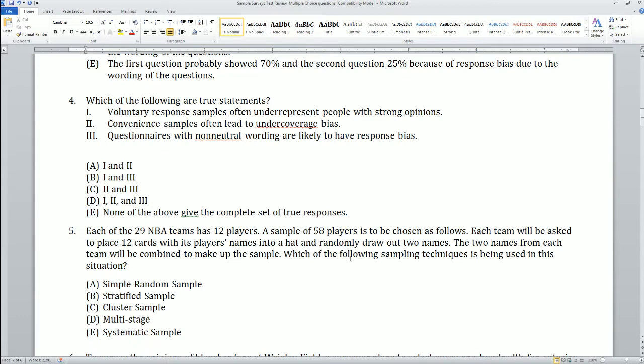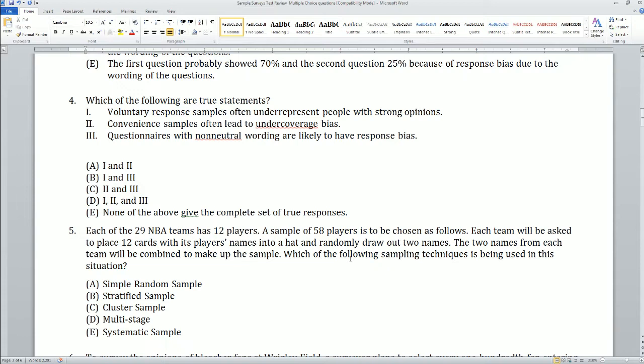And what about 3? Why is 3 true? You're right, it's C. I'm just trying to get you to explain why 3 is correct to make sure you understand it.